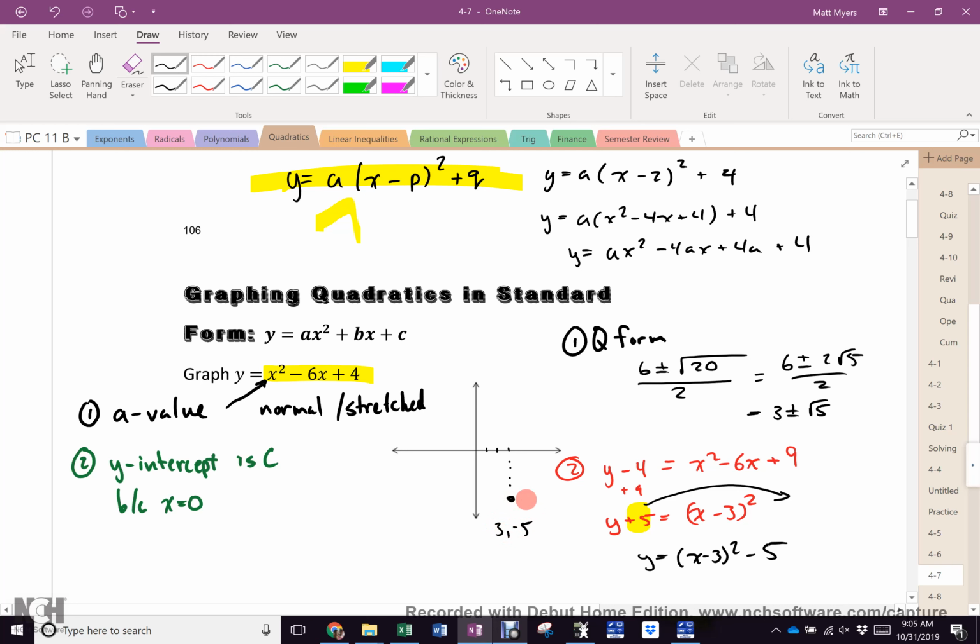I'm going to go over 1 and how far up? 1. What is that point? 4, negative 4. What is that point? 2, negative 4. What is the next point?